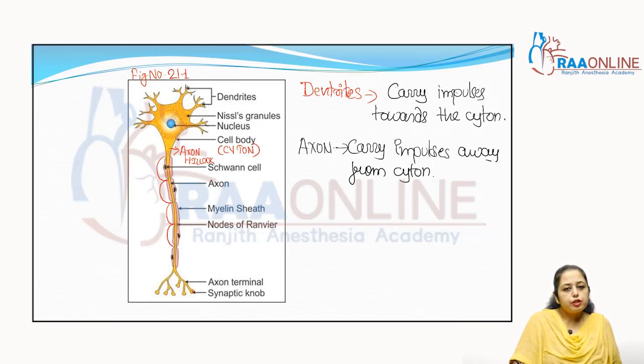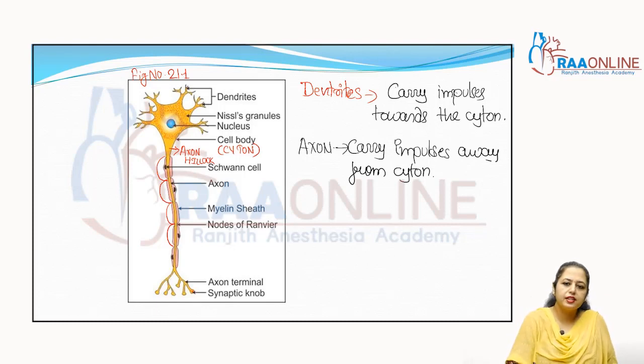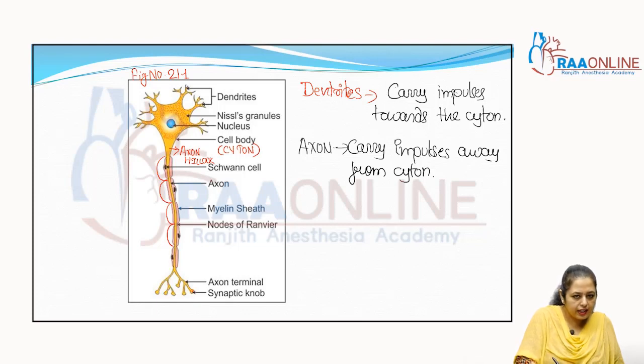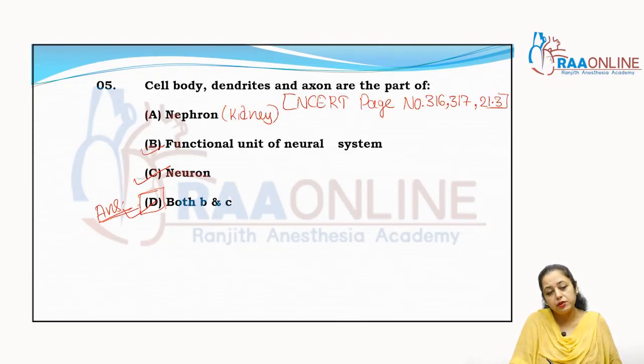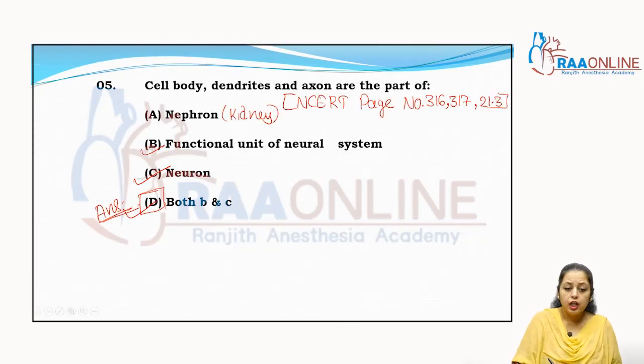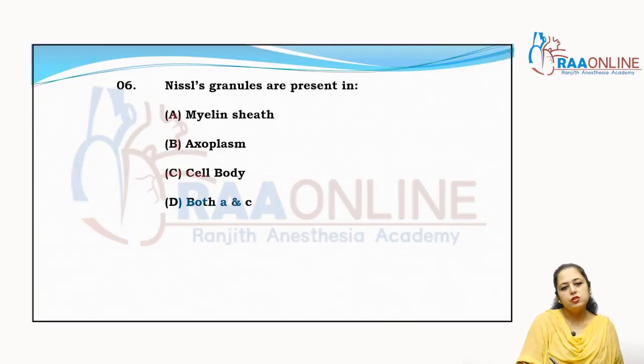Dendrites carry impulses towards the cyton, axon carries impulses away from the cyton, right? So you can see here, the dendrites carry the impulse towards the cyton and the axon carries impulses away from the cyton, right? So these are the questions of pre-medical which were asked in the previous year's examinations. So now you can differentiate it. The parts of the neuron are the cell body, dendrite and the axon, right?